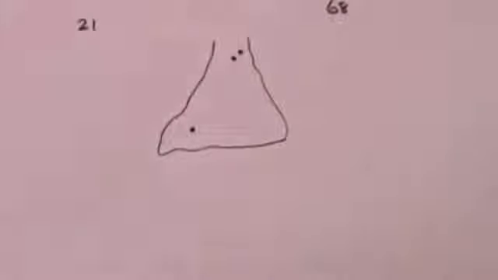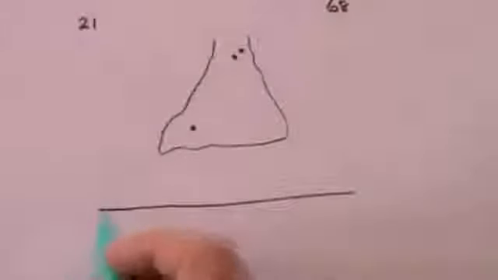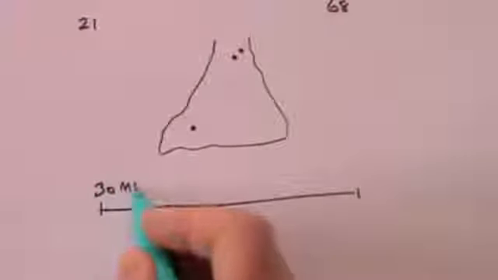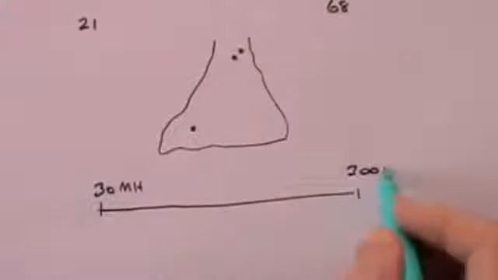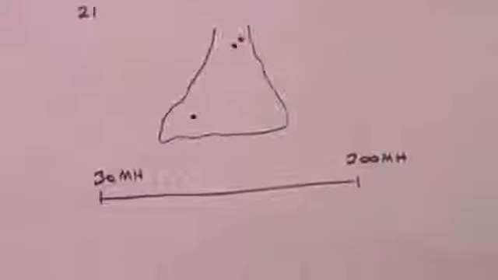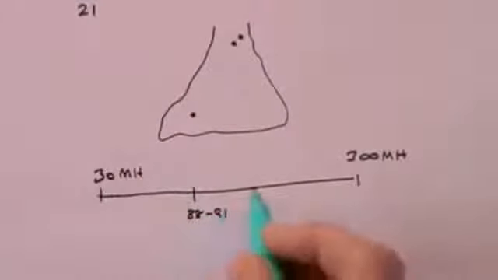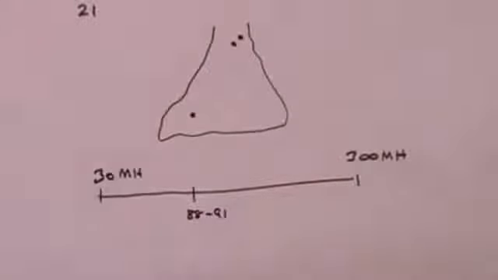As far as radio is concerned, the typical spectrum that's been allocated is 30 megahertz to 300 megahertz. For example, BBC Radio 2 is 88 to 91 FM, as they call it, which is 88 megahertz to 91 megahertz.